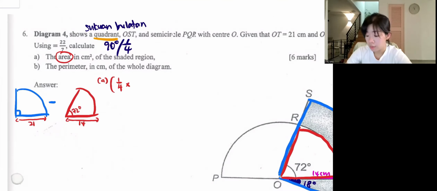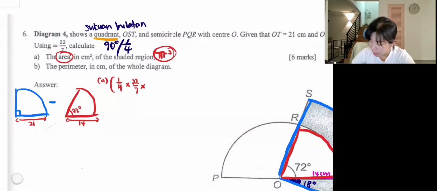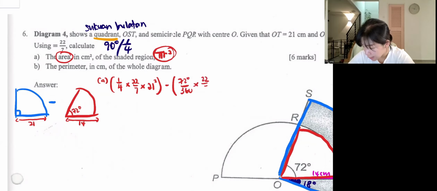So remember, area is pi r square. Area, luas, pi r square. The pi they say use 22/7. So pi 22/7, r is 21 square, minus a sector with 72 degrees: 72/360 times pi, r is 14 square. Okay, so what is your answer?